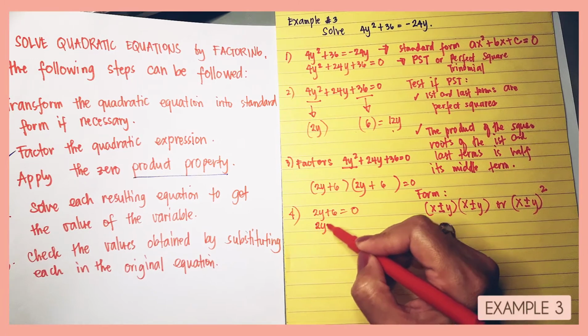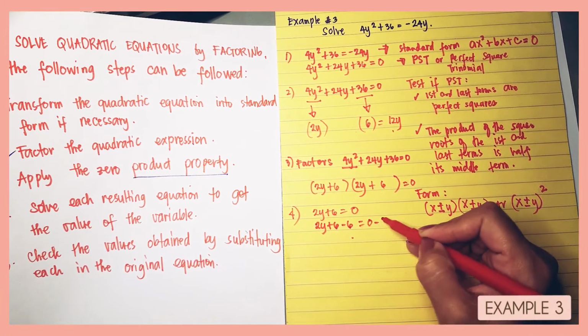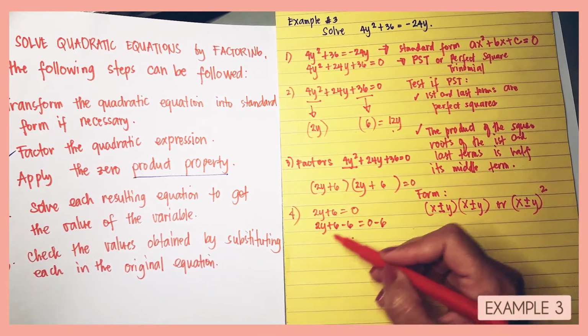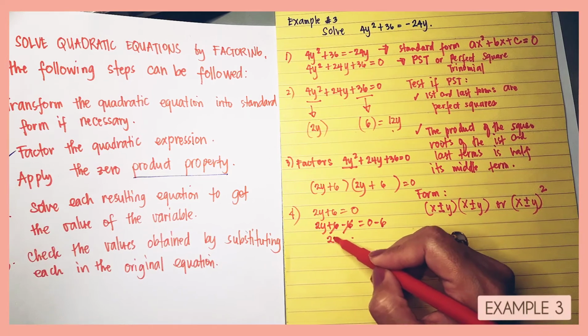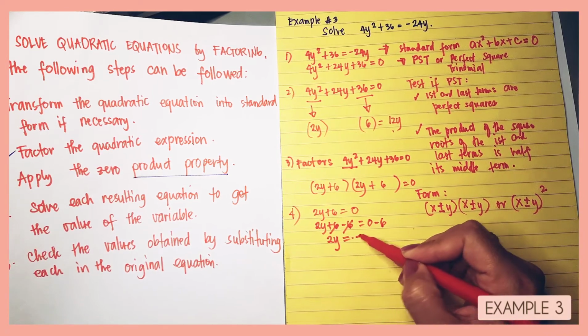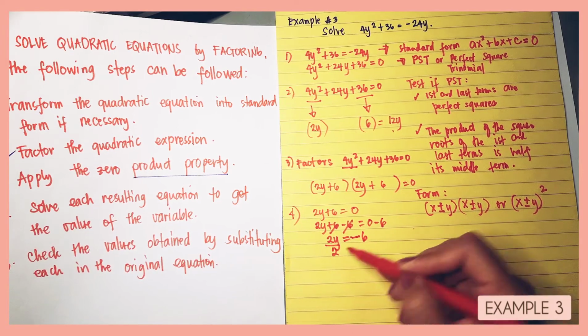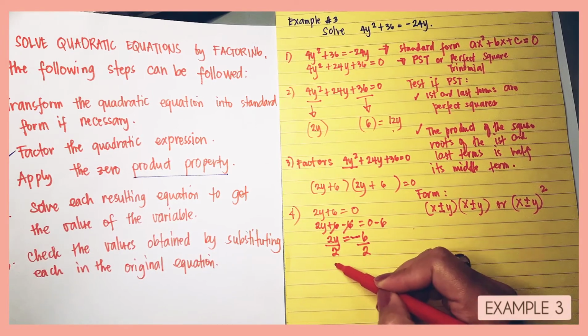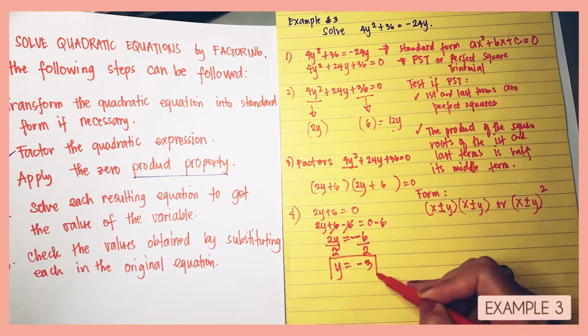So 2y plus 6 minus 6 equals 0 minus 6. So cancel 6 and negative 6, that becomes 2y equals negative 6. Divided by 2, your final answer y is negative 3.